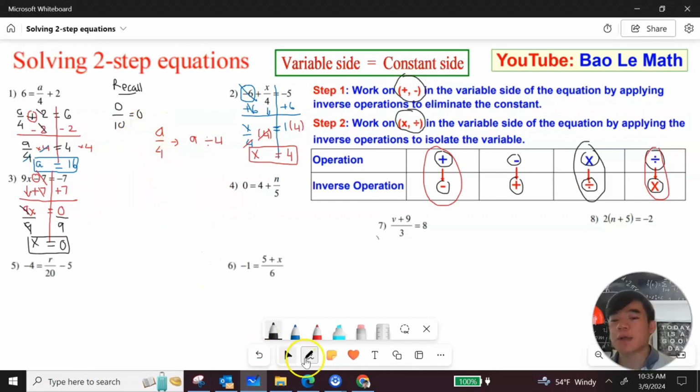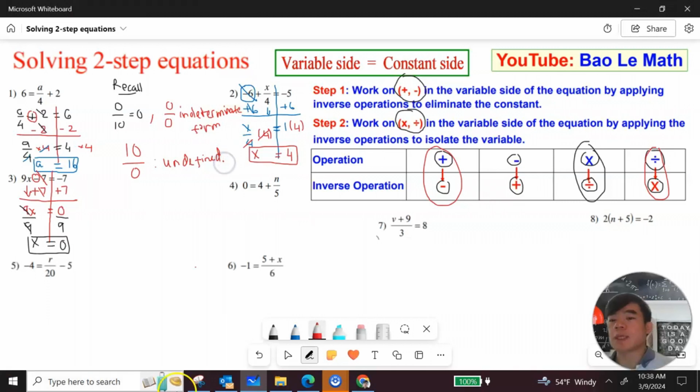Now, if you have 0 divided by 0, this is an indeterminate form. This one you will learn in calculus. If you have 10 divided by 0, this is undefined. Keep that in mind.